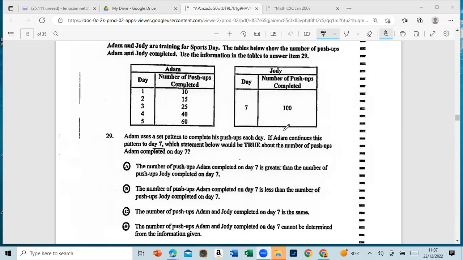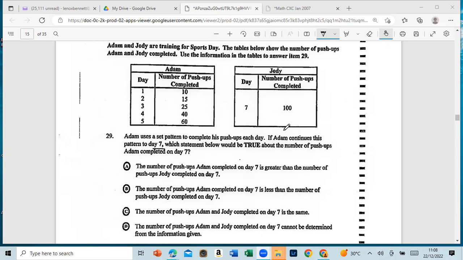All right, so the question did not ask, but I want you to work it out and tell me what the pattern is, and how many push-ups you think would be done on day 6 and day 7 based on the pattern. Send me your answers.